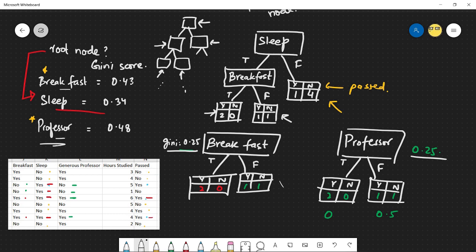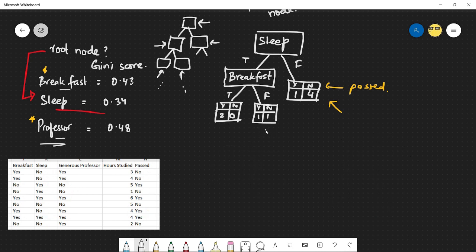But I can definitely split the false breakfast again to see if I'm able to split it on professor and get maybe 1 or 2 pure nodes. So let's look at that. I'm going to try to split this right node where I don't have pure leaf nodes anymore, to see if I can split it on professor here.